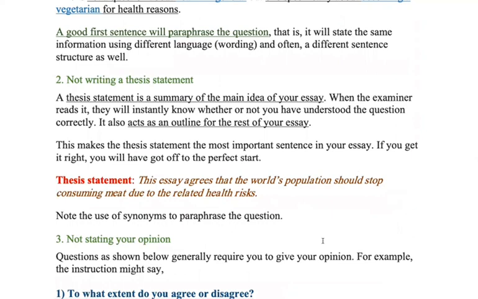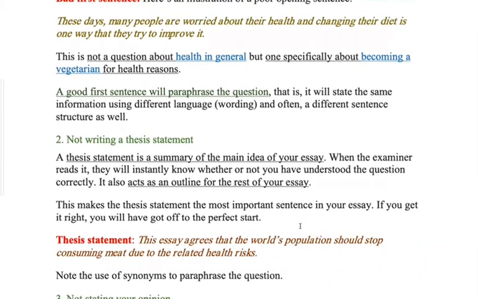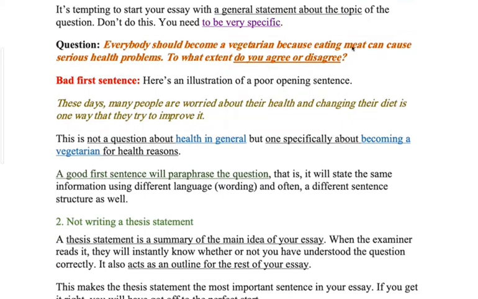So there is an example of a thesis statement. The writer says here, this essay agrees that the world's population should stop consuming meat due to the related health risks. Note here the use of synonyms to paraphrase the question. This is a paraphrasing of this question: everybody should become a vegetarian because eating meat can cause serious health problems.